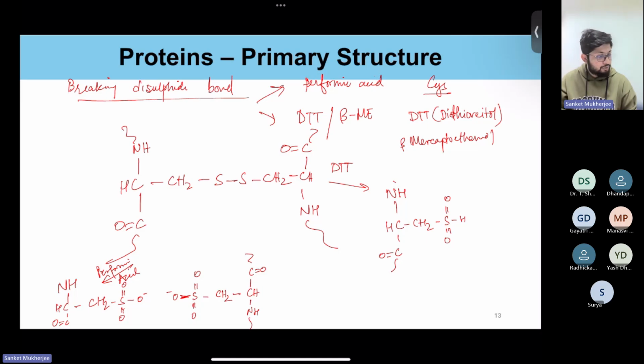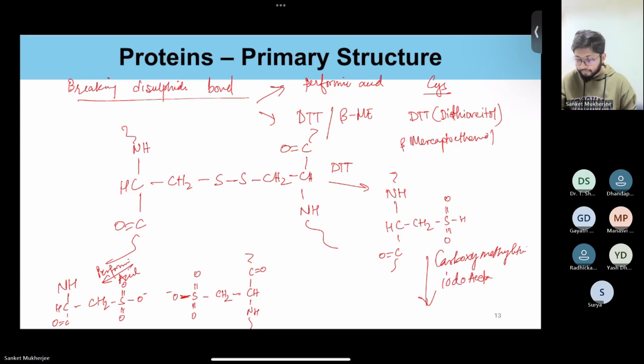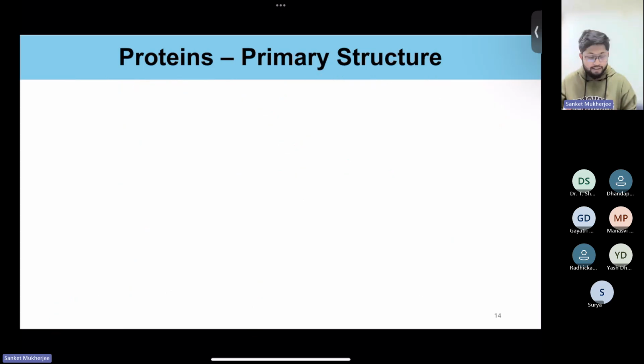And a similar structure over there as well. And after, we can take this forward and perform carboxymethylation by iodoacetate treatment. And it will give carboxymethylated cysteine residues, which look somewhat like this.